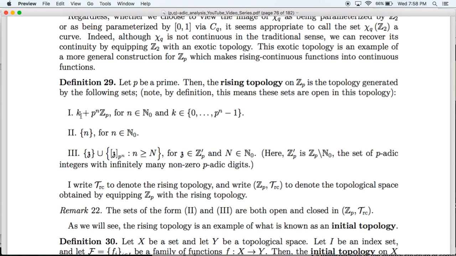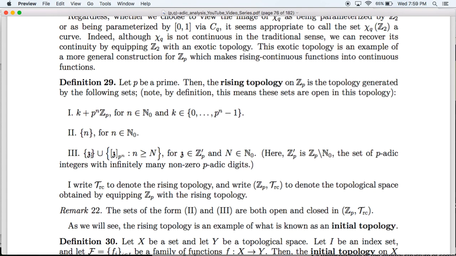We have the base of open sets for the p-adic topology, and so that means the rising topology is strictly finer than the p-adic topology, and the extra open sets we have are the non-negative integers, and then sets of the following form.